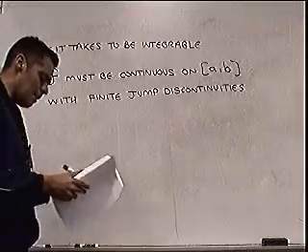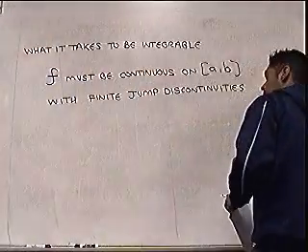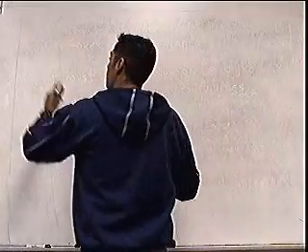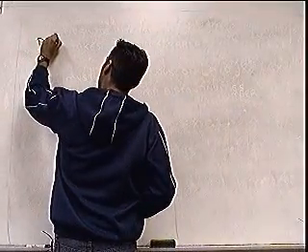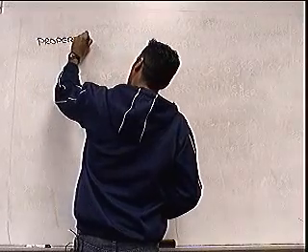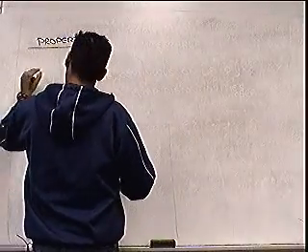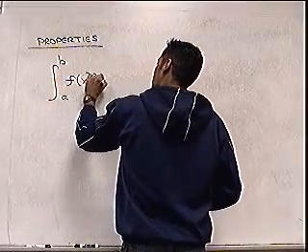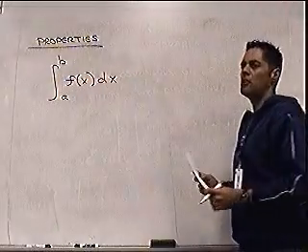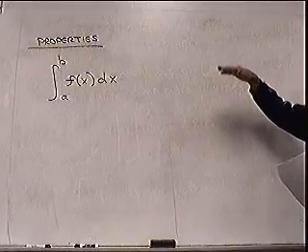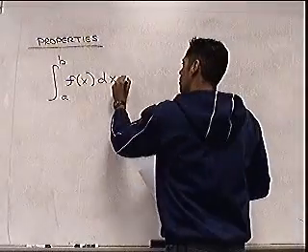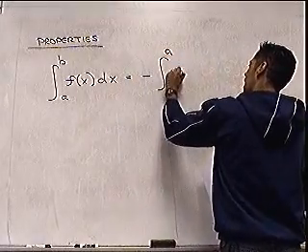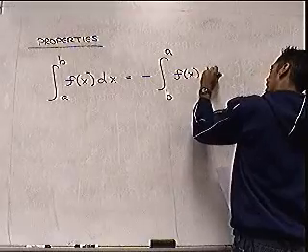Now let's talk about a couple of the properties of definite integrals. The first property is that the definite integral of the function f of x from a to b is equal to negative the integral from b to a of f of x dx.